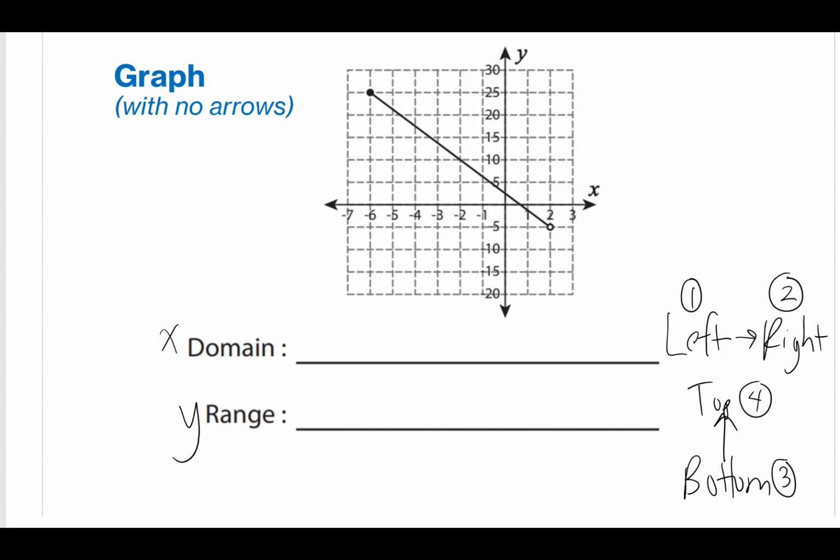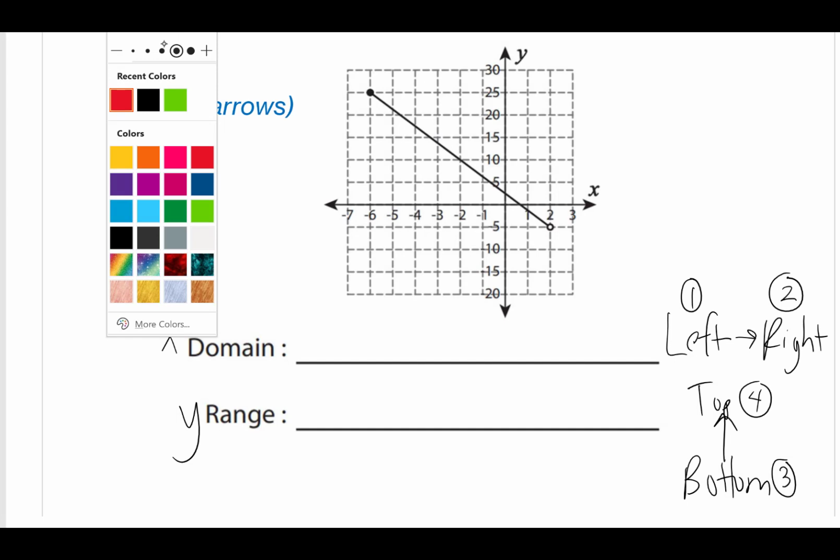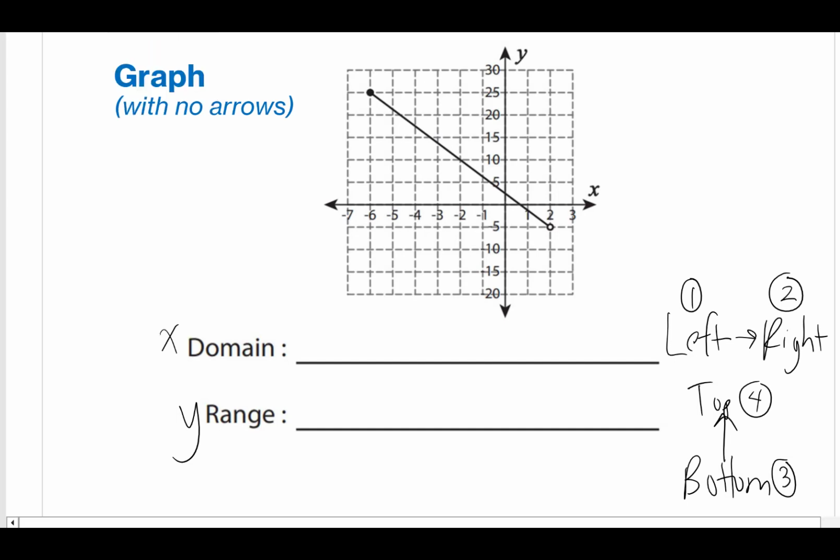So siempre empieza con domain, es izquierda a la derecha, left, right, and then el rango es abajo a la arriba, bottom to top. So now the first step that you need to do is you need to draw the smallest box possible around the graph. So el primer paso es necesitas dibujar una caja alrededor de la gráfica primero, el más pequeño que puedes, right?